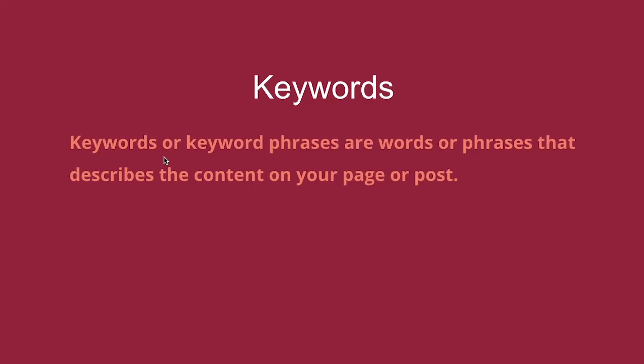Keywords or keyword phrases are words or phrases that describe the content on your page or post. So the goal is to drill down to a very specific keyword, and the keyword book is a broad search term. Name of the book, like Fallen Out, would be a very narrow search term.